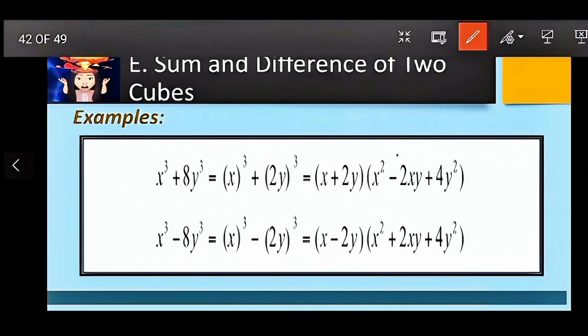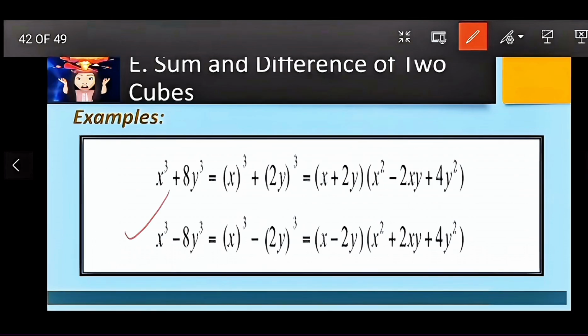So the next step is to find the square of the first term, which is x squared, minus the product of the first and the second term, which is minus 2xy. And lastly, get the square of the second term, which is 4y squared. So the factors of x cubed plus 8y cubed will be x plus 2y times x squared minus 2xy plus 4y squared. So let's move on to another example.